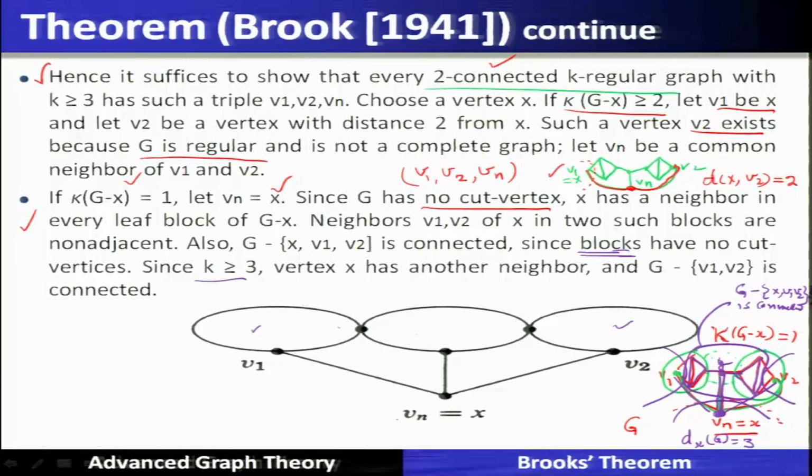Hence this shows that G minus V1 and V2 is connected. So we have shown that in this particular scenario also the three vertices V1, V2 and Vn exist, and thus this proves the Brooks theorem.